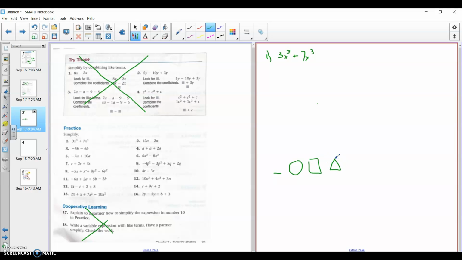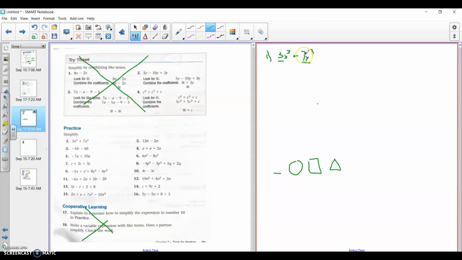If you've got 4 different types in there, then you should have enough symbols here to help you. So in 3x to the third, I'm looking at my x and x to the third. They're the same. So I'm going to underline those. This is pretty simple, but at least I verify that I can combine those.